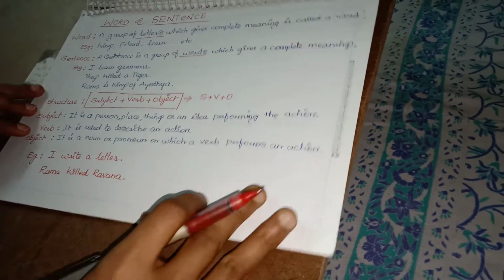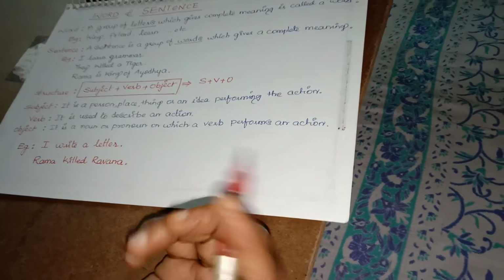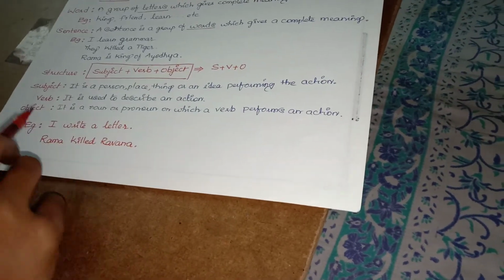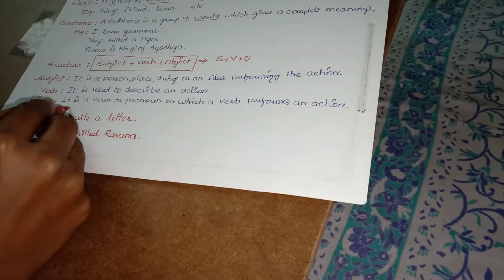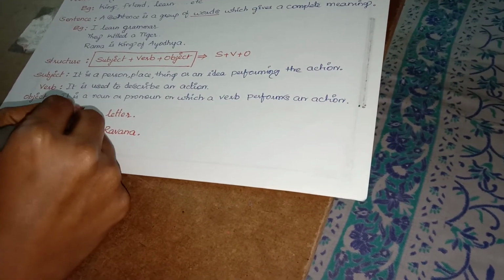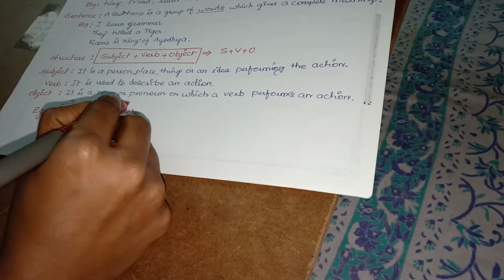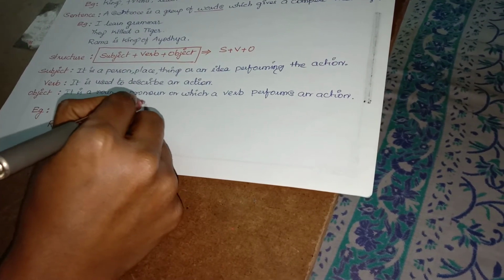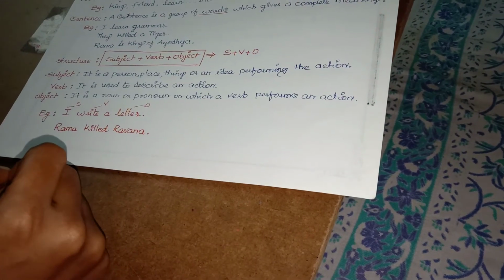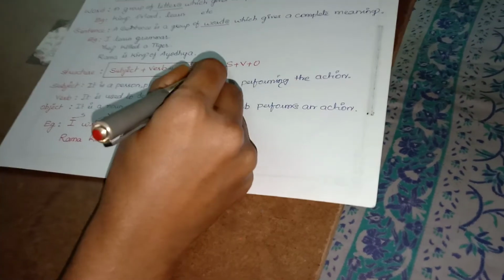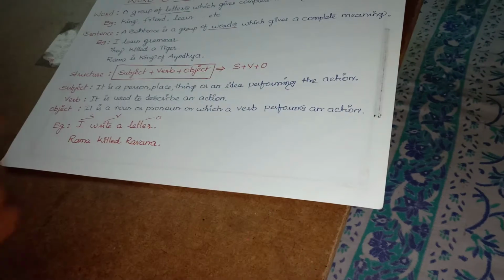Then you can write many examples using this structure. Here I have written: I write a letter. Here I is the subject, write is the verb, a letter is the object. Like this you can make many sentences using the structure subject place, verb place, object place.